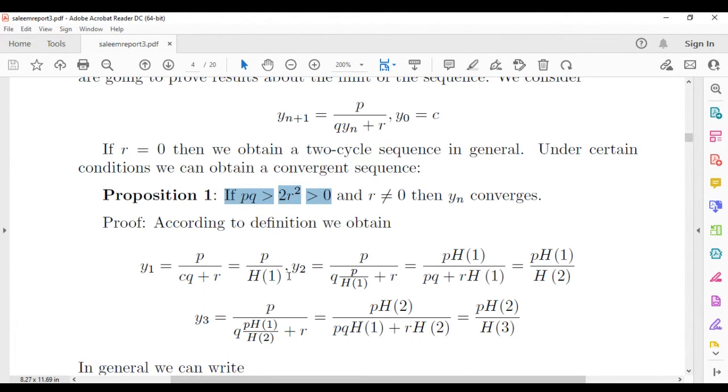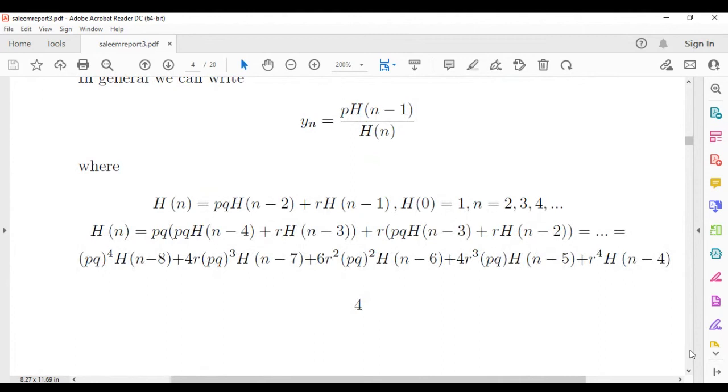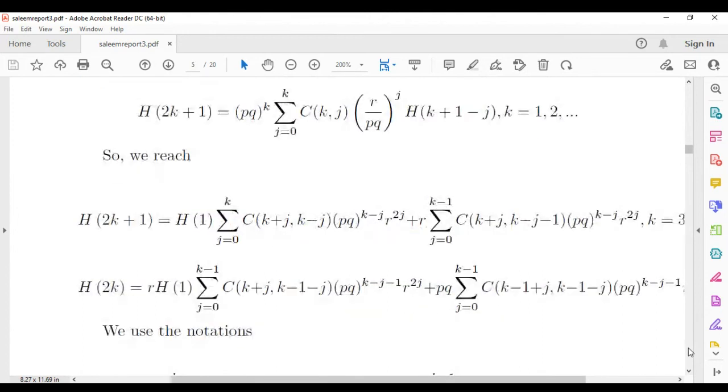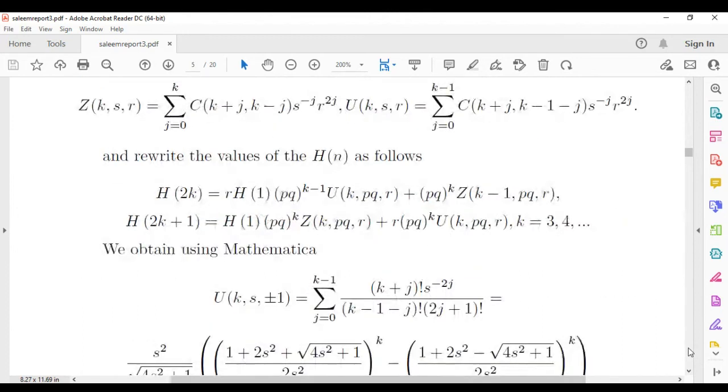Now we start computing y1 using y0, and y2 and so on, and we obtain this form for the sequence yn, and we start making some calculations in order to obtain a simpler formula.